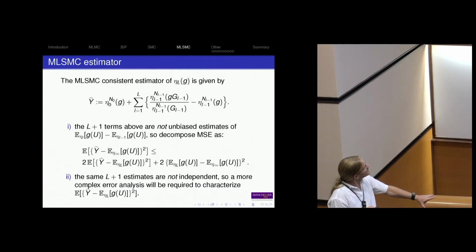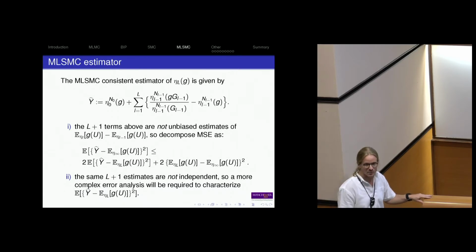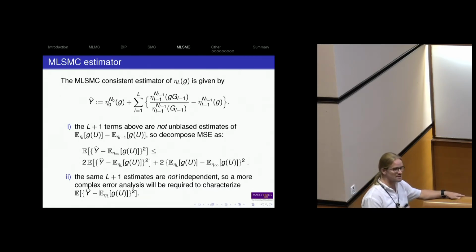The L and L+1 estimates are not independent, so we require a more complex error analysis in order to characterize this variance-like term. For the particle filtering people in the audience, this in particular requires the same type of estimates that you require for time homogeneous error estimates for particle filters.